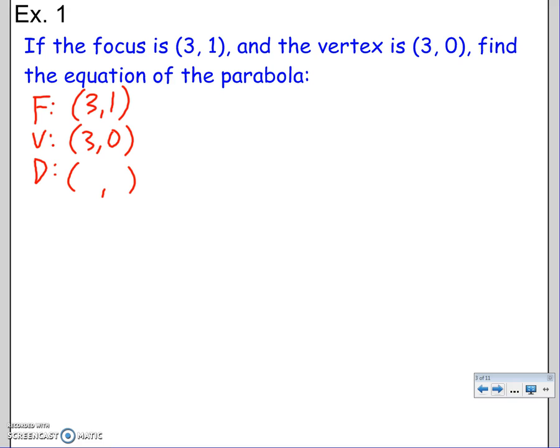Well, the vertex is in the middle. If I want to draw this, which you don't have to, we know the focus is right 3, up 1, right here. The vertex is right here, and we're trying to find this point on the directrix. My directrix looks like this, so my parabola should look something like this, going up.